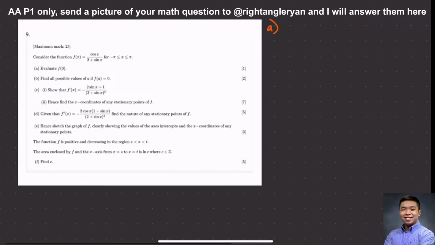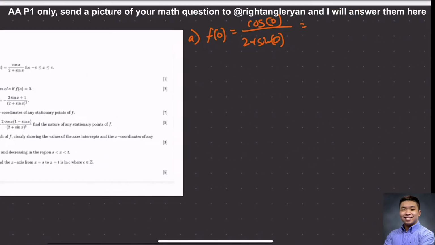Okay, so part 9a, evaluate f of 0. So f of 0 is equal to cosine 0 over 2 plus sine 0, which is 1 over 2, right? Yes, 1 over 2.